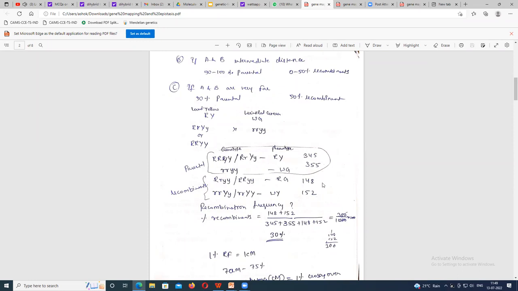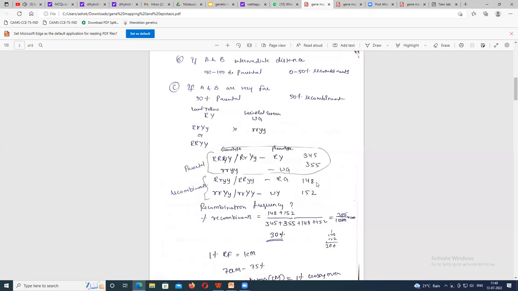So this is the number of offspring. What they will ask, after giving such numbers, is: calculate the recombination frequency between these two genes. And these are the numbers. So how do you calculate recombination percentage? These are the recombinants, right? Which are the recombinants? These two.